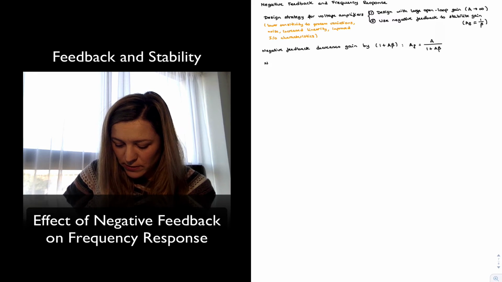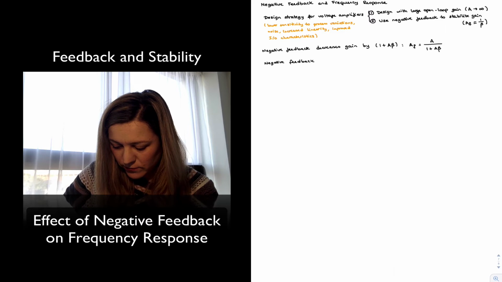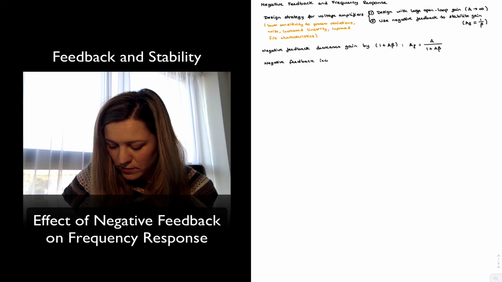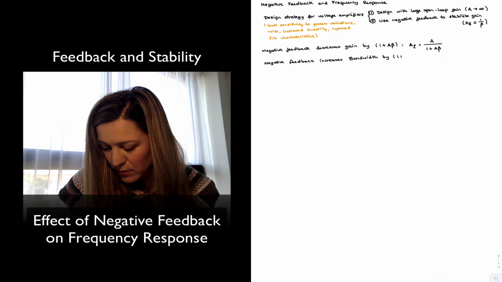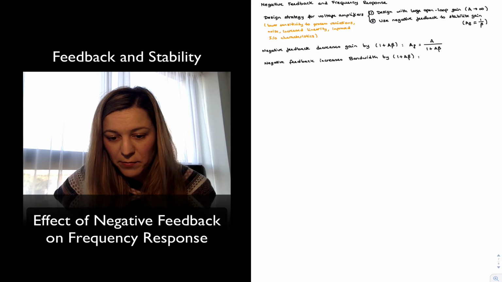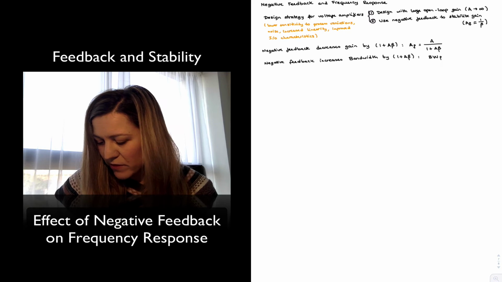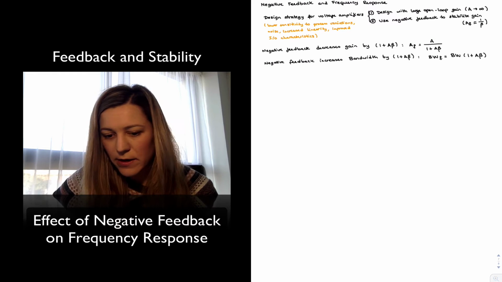So negative feedback increases bandwidth by the same amount, 1 plus A times beta. Therefore, the bandwidth of my amplifier with feedback is going to be equal to the bandwidth times 1 plus the loop gain A times beta.